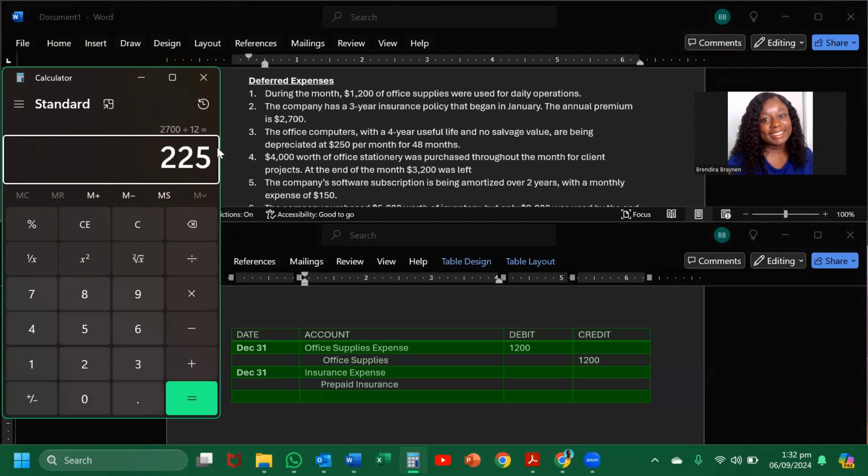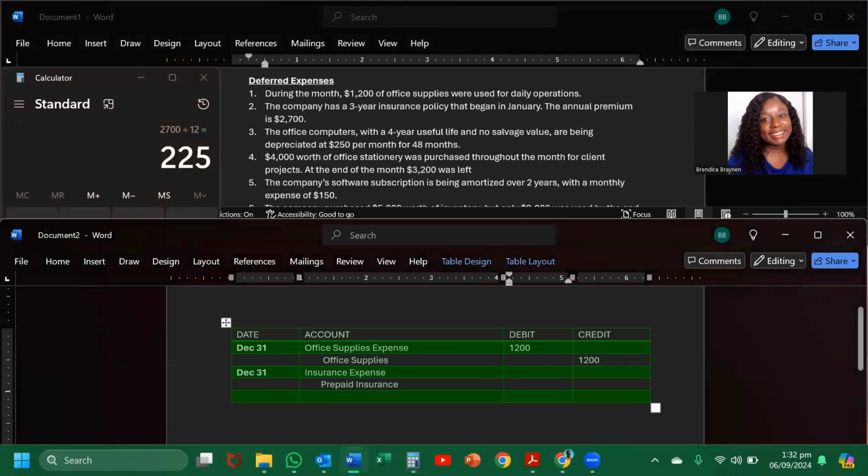And so essentially that means that $225 should be recorded as insurance expense every month. And the prepaid insurance balance should be getting smaller and smaller, being reduced by that same $225. And so therefore, my entry is going to be $225. And that would be my entry for the second one.